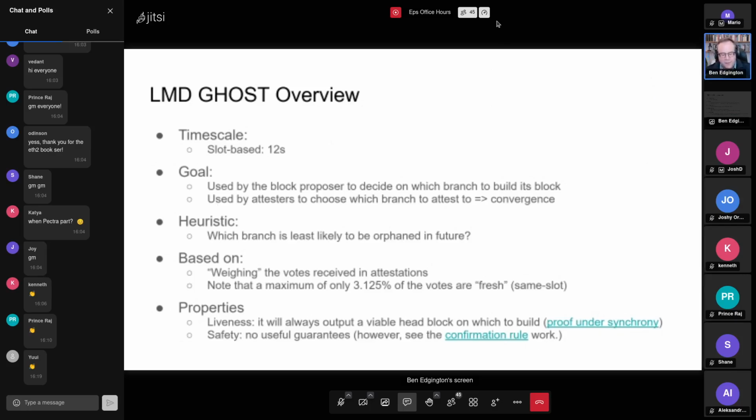I need to know which is the best block to be attesting to in that slot. And the goal is that all of the nodes that share enough information will come to the same decision about this, and the network will converge on a single canonical chain. So that's the heuristic that we've spoken about. Which branch in the block tree is least likely to be orphaned in future?